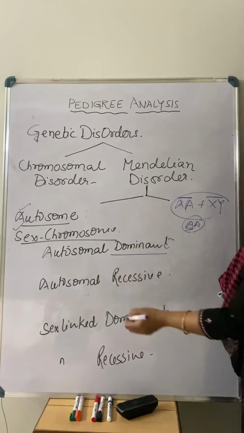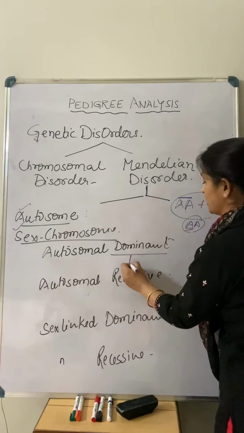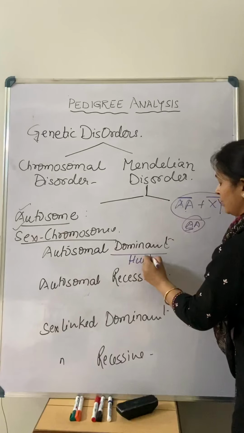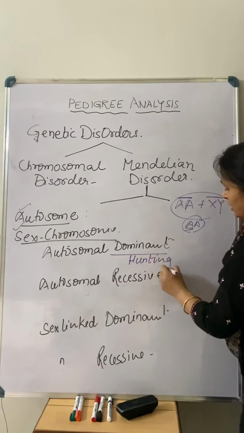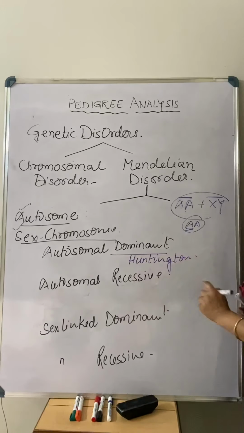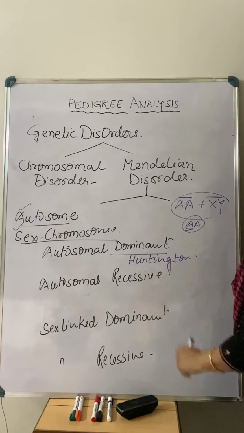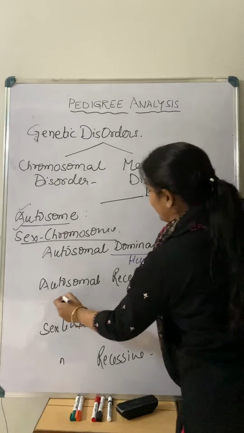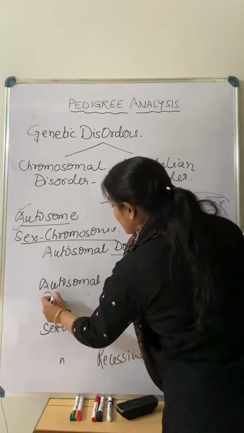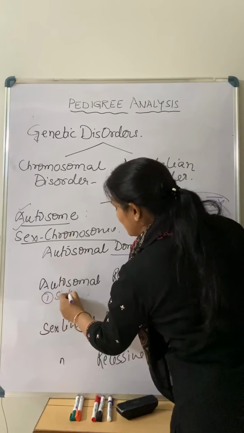So a very common disease for autosomal dominant is Huntington disease. Very common, but it is not in your syllabus. Autosomal recessive diseases are very important in your syllabus. First one is sickle cell anemia.